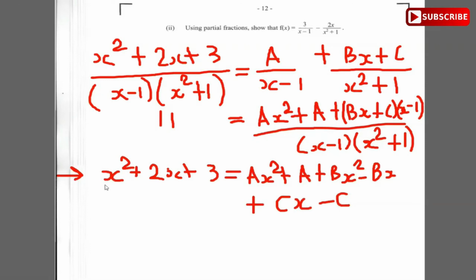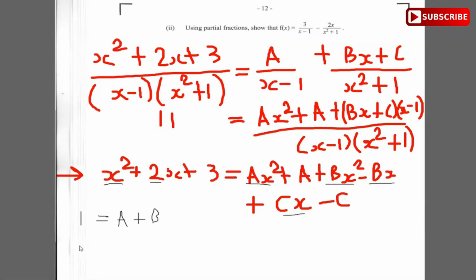Equating coefficients, we have x squared, and we have ax squared and bx squared here. So what that is telling us is 1 is equal to a plus b. Equating x terms, we say 2x is equal to minus bx plus cx.